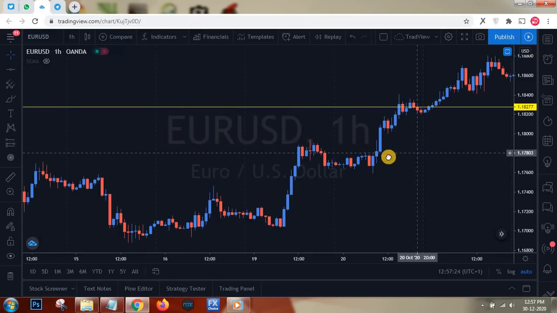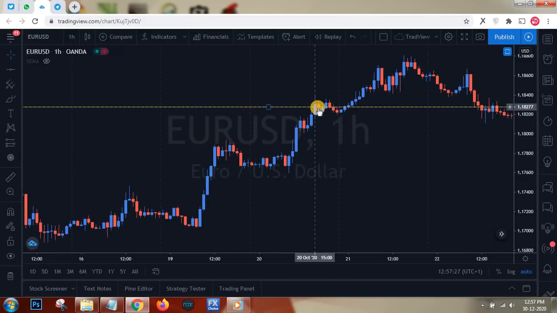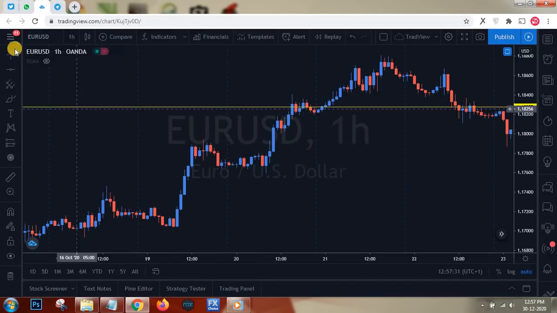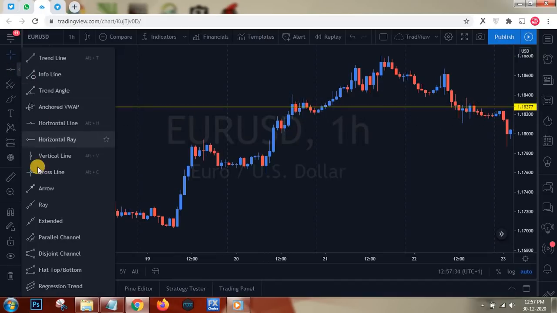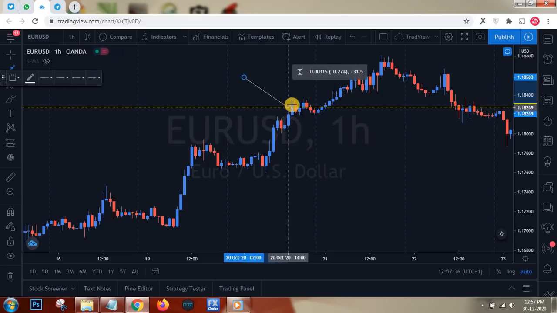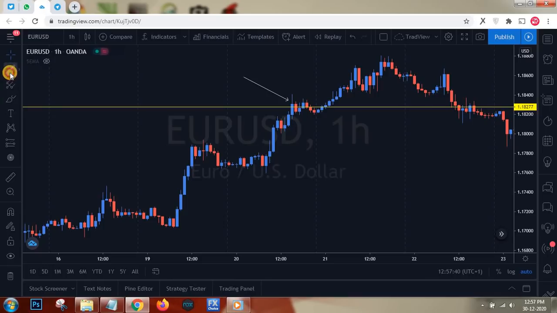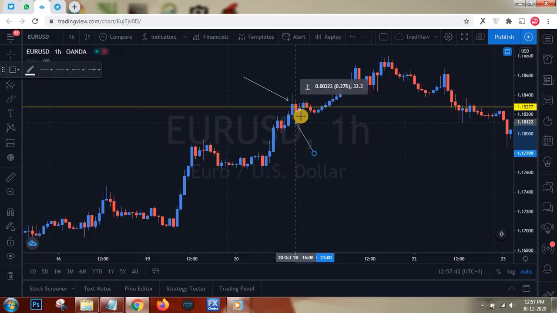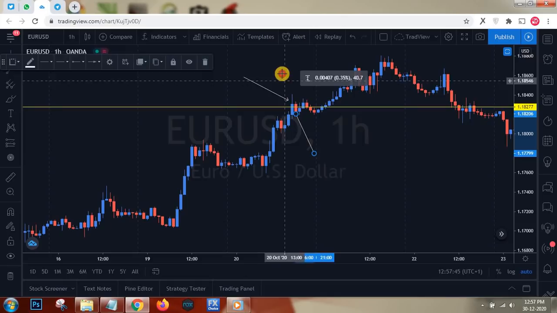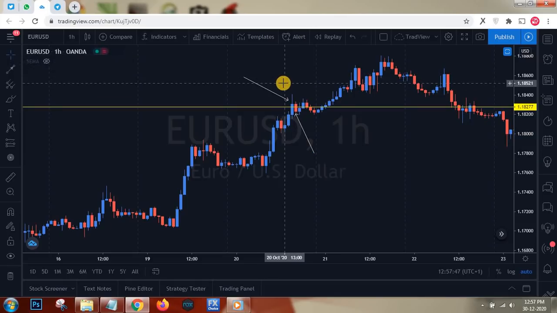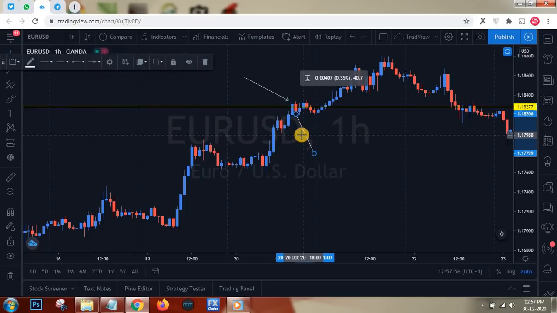Okay. This is a clear option for a very good inside bar. Good. Nice one. This is a bullish candle and this is a bearish candle. So, this is a bearish inside bar.